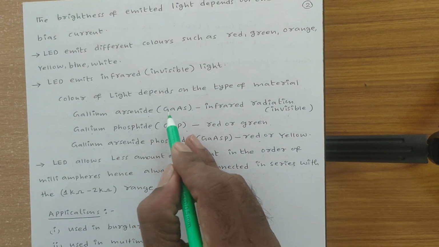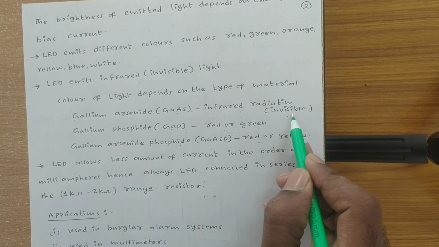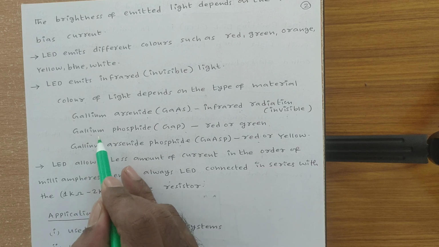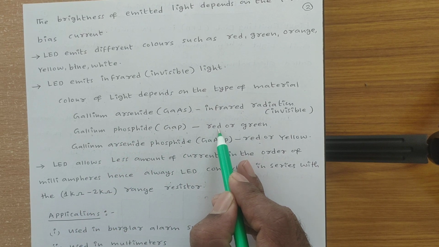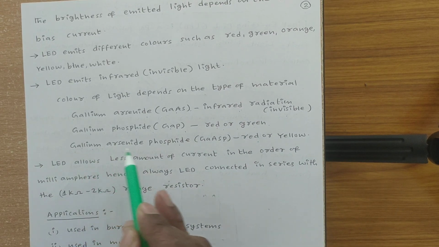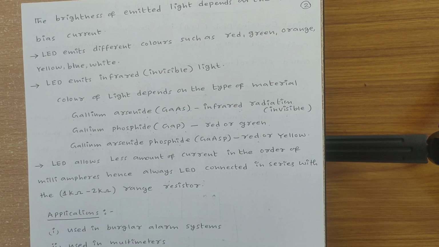Gallium arsenide produces infrared radiation, that is, invisible light. If the material is made up of gallium phosphide, then it will produce light in the color of red or green. If it uses gallium arsenide phosphide, the color of light will be red or yellow.